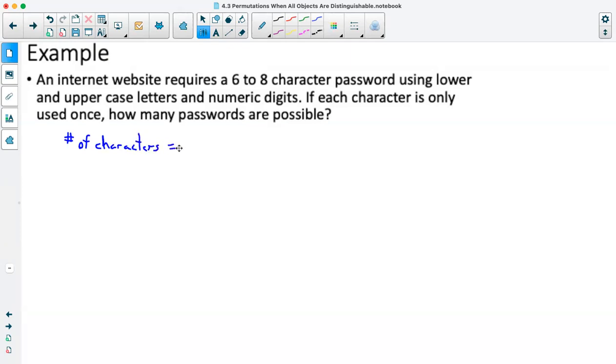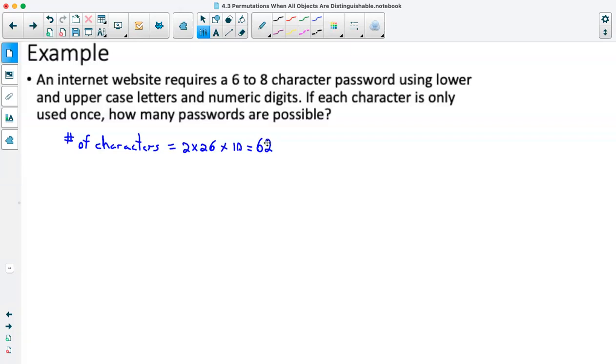We're using upper and lowercase letters, and we know our alphabet has 26 letters, so we've got 2 times 26, plus all of our numeric digits, so plus 10. So we've got 62 possible characters.